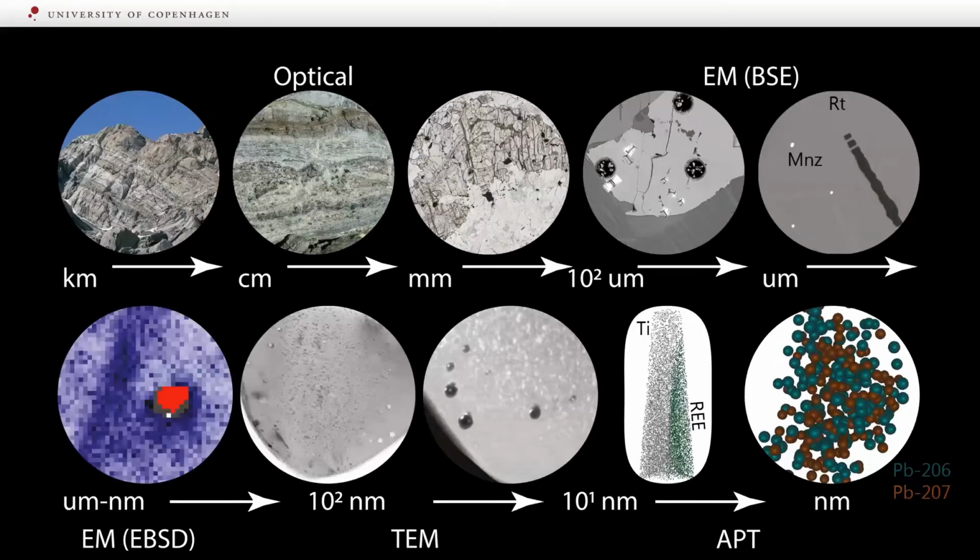So first of all, our workflow always goes from a higher scale to a smaller scale, and to make sense of what we actually see at the atomic scale, we first need to know what we're seeing at the larger scales.